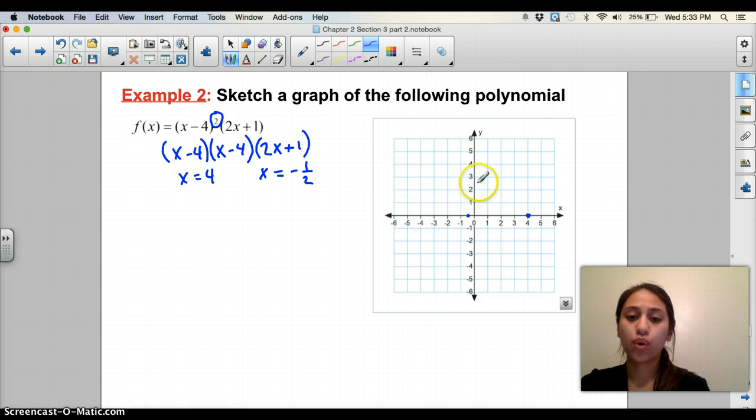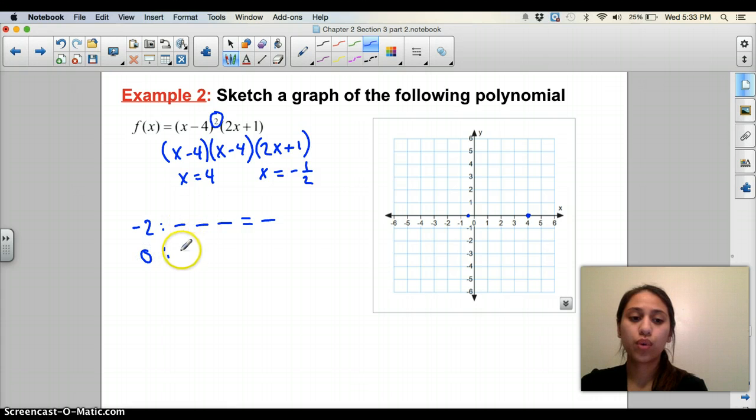Again, the sign test for 1, 2, 3 regions. I'm going to pick negative 2 to the left of negative a half. Testing in negative 2, negative 2 minus 4 is a negative, negative 2 minus 4 is a negative, and 2 times negative 2 is negative 4, plus 1 is still a negative. Multiplying 3 negatives, we get a negative. Choosing a value between negative a half and 4, I'm going to pick 0.